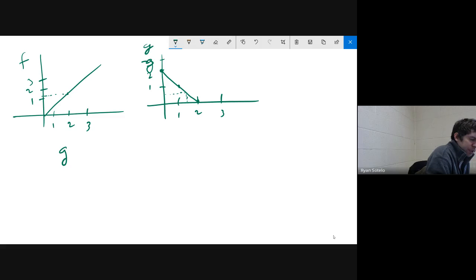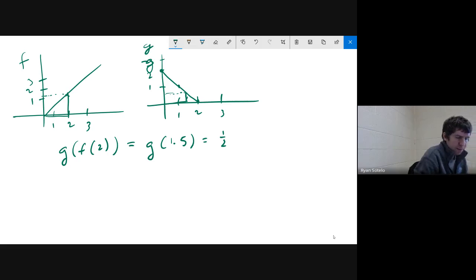Okay, so if we said, what is g of f of 2? Well, f at 2 is 1.5. That becomes g of 1.5. And then what is g at 1.5? It's a half. So this would equal 1/2 or 0.5.